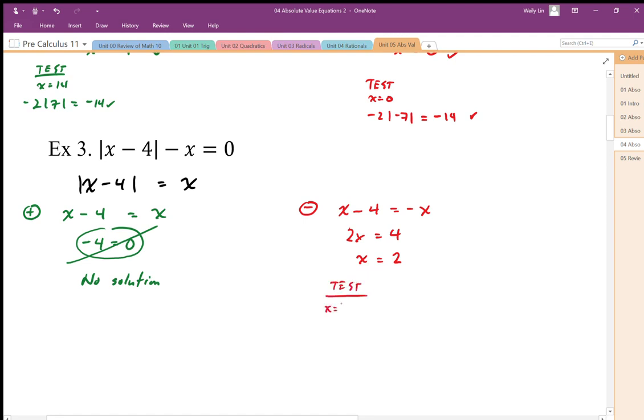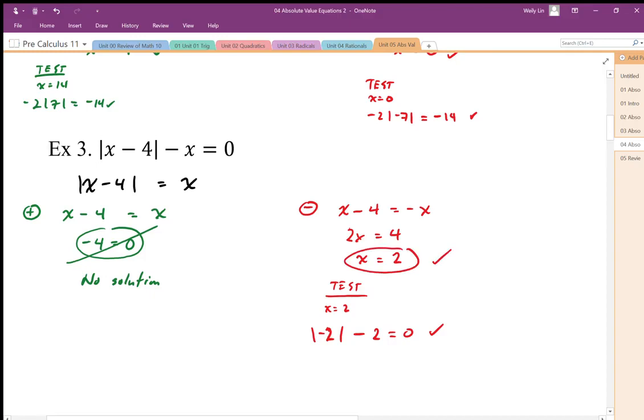Test x equals 2. When I plug it in, I end up with 2 minus 4 is -2 inside the absolute value. Absolute value of -2 is 2, so 2 minus 2 equals 0. That is a perfectly valid solution. Okay, so this solution is our only solution.